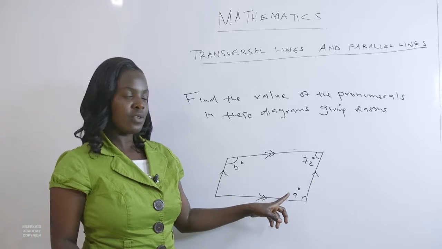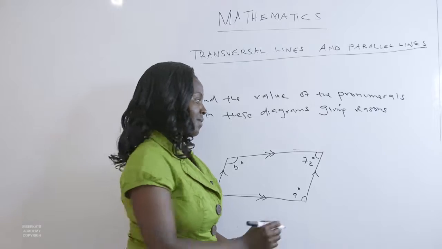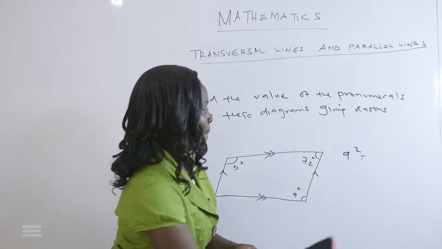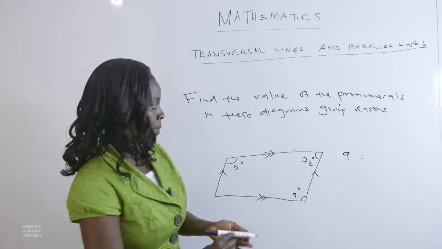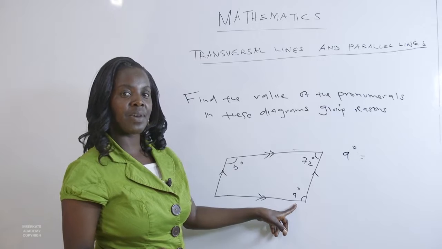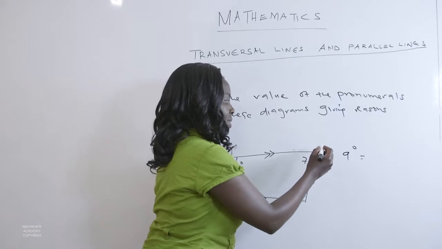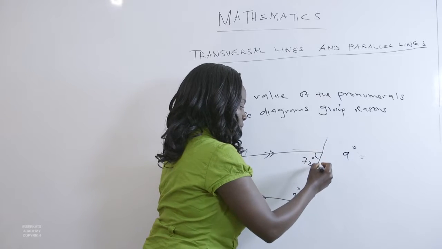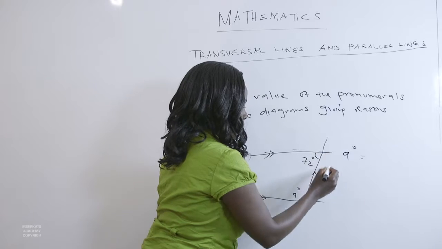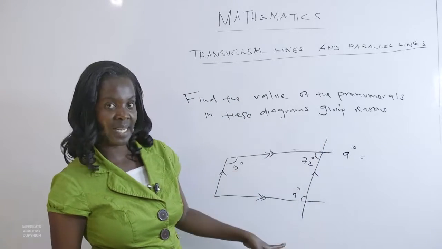So let's find the value of A and the value of B. Let's start with A. What do you think is the value of A? If we extend this line here, then you realize that this is a transversal line.